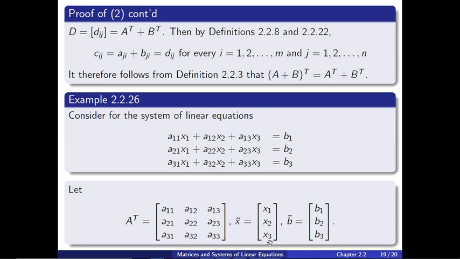and our x becomes the column vector, the 3 by 1 vector, x1, x2, x3, and then b to be that.